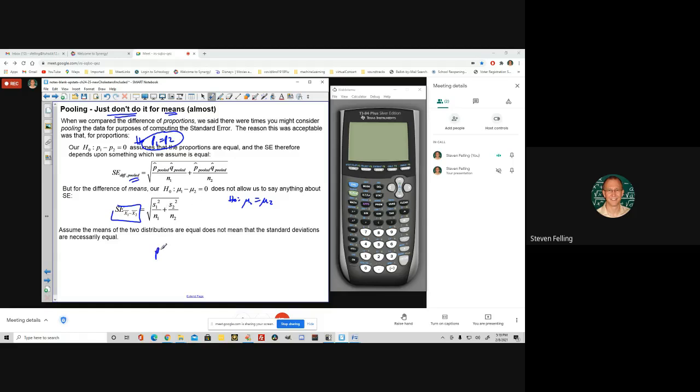What we would pool only if we knew that the standard deviation in the first population is approximately equal to the standard deviation in the second one. And we typically don't know that. And our null hypothesis isn't stating something about the standard deviation. So the result is just don't pool. Yes, pool for hypothesis tests in proportions problems, but not for means. No pooling for means.